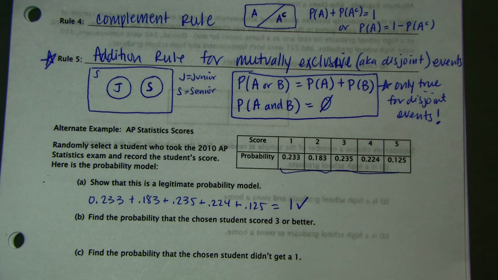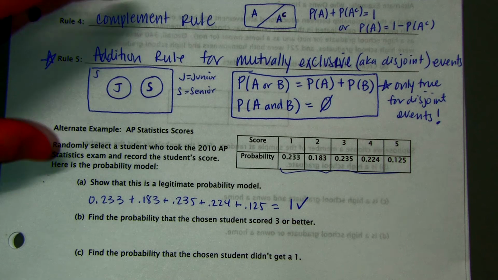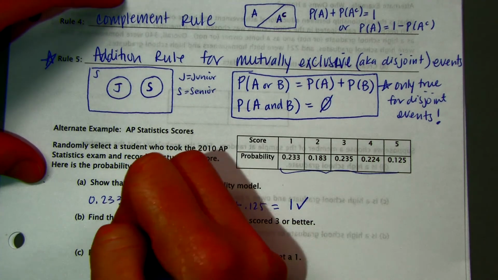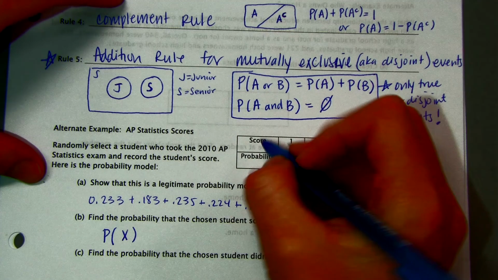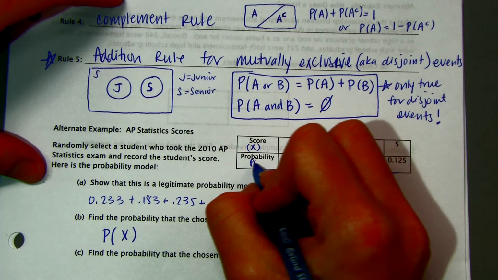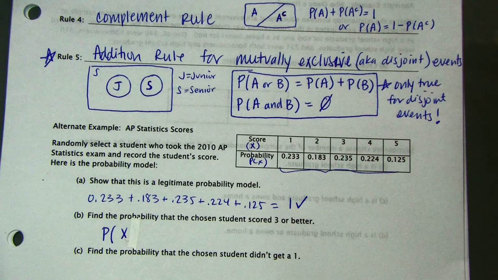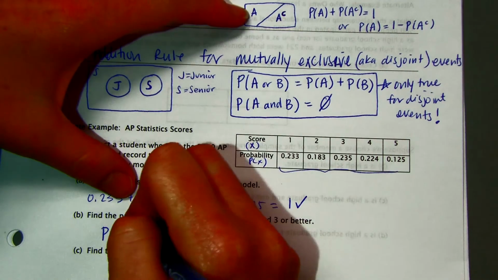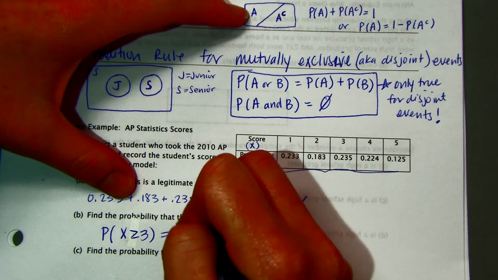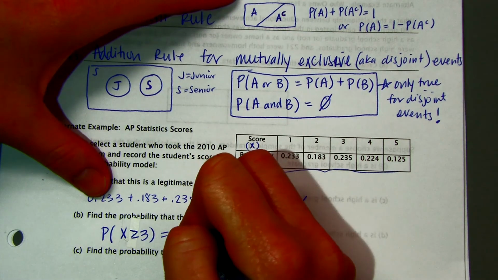Okay, then it says, find the probability that the chosen student scored a 3 or better. So the probability that my student, I'm going to call this x, and here's my p of x. 3 or better means x greater than or equal to 3.